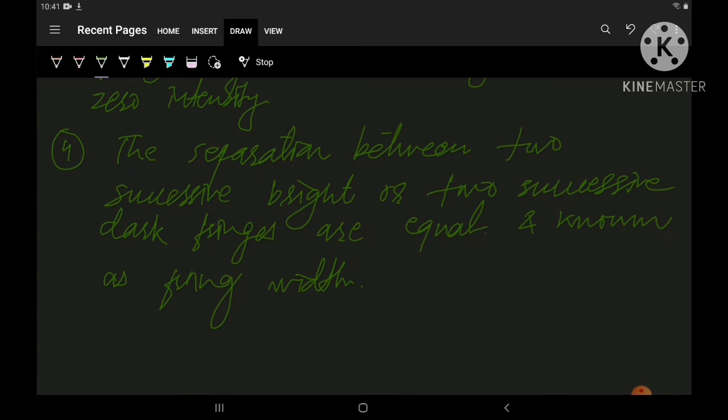So these were the observations found by Thomas Young in his double slit experiment.